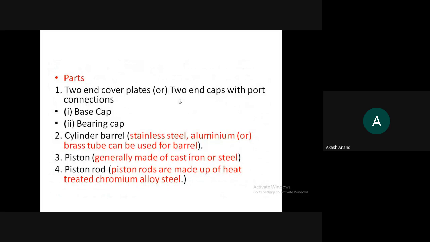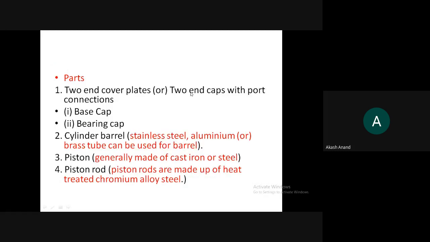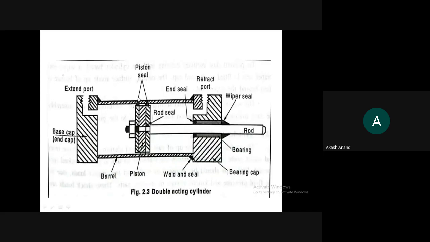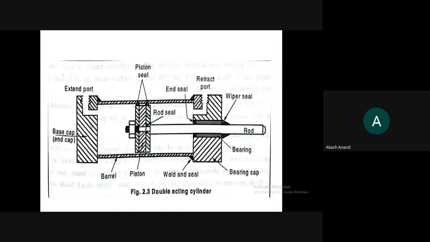The parts of a double acting cylinder are discussed here. There are two end cover plates. This is one end cover plate and this is another, each with a port connection. So in a double acting hydraulic or pneumatic cylinder, the end cover plates contain the ports.